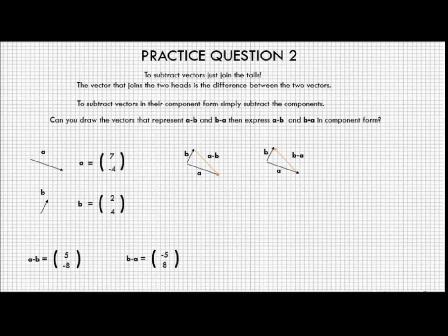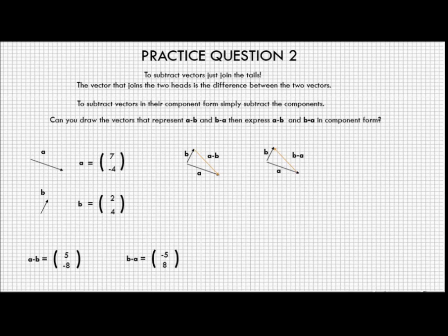And in component form, A minus B, well, the x component is going to be 7 minus 2, which is 5, and the y component is negative 4 minus 4, which is negative 8.